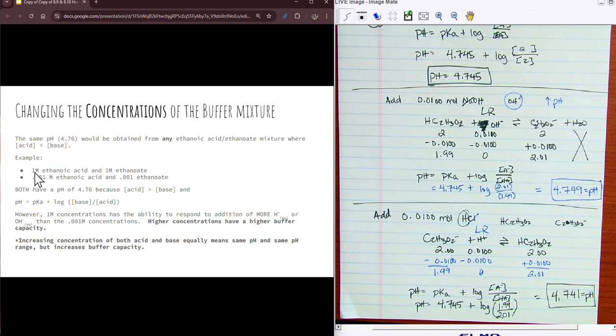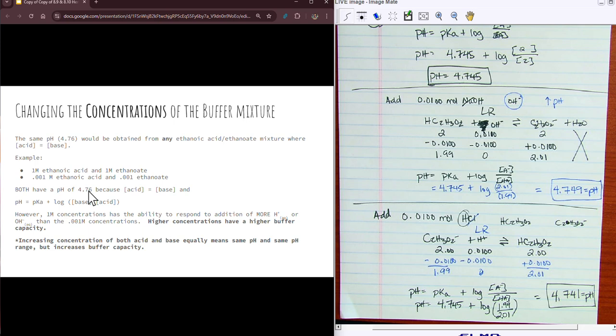We have a 1 molar acetic acid and 1 molar acetate buffer solution, and then we have a 0.001 molar acetic acid and 0.001 molar acetate solution. Both of them have the concentrations of the acid and the base that are the same, which means both of them have a pH of 4.76 at the midpoint. So the middle of their buffer region is the same.